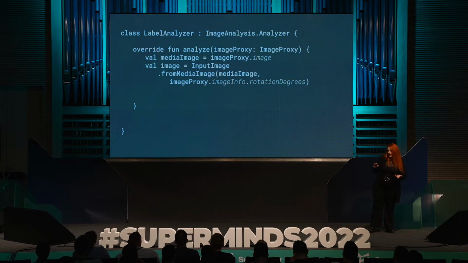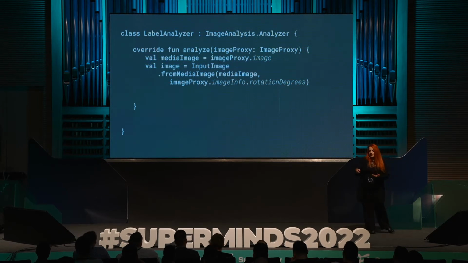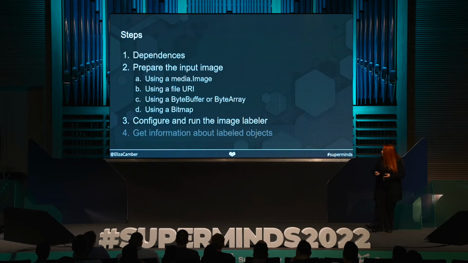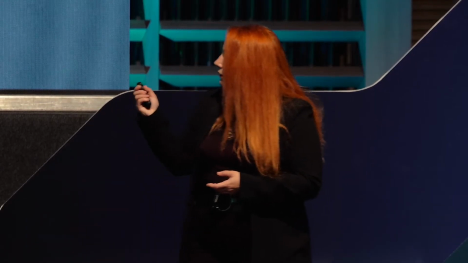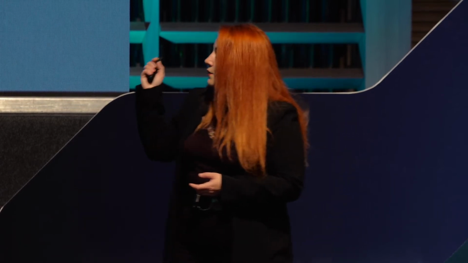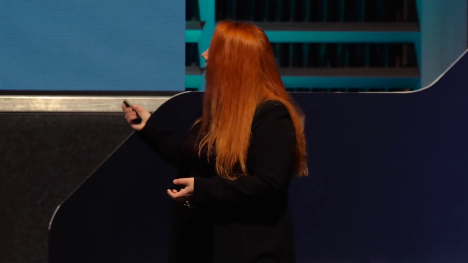It will calculate, of course, the rotations and the translations and everything for us. So then we can pass our image to ML Kit using our labeler, ImageLabeling.getClient. We're going to use the default options because we're not doing anything fancy with that.